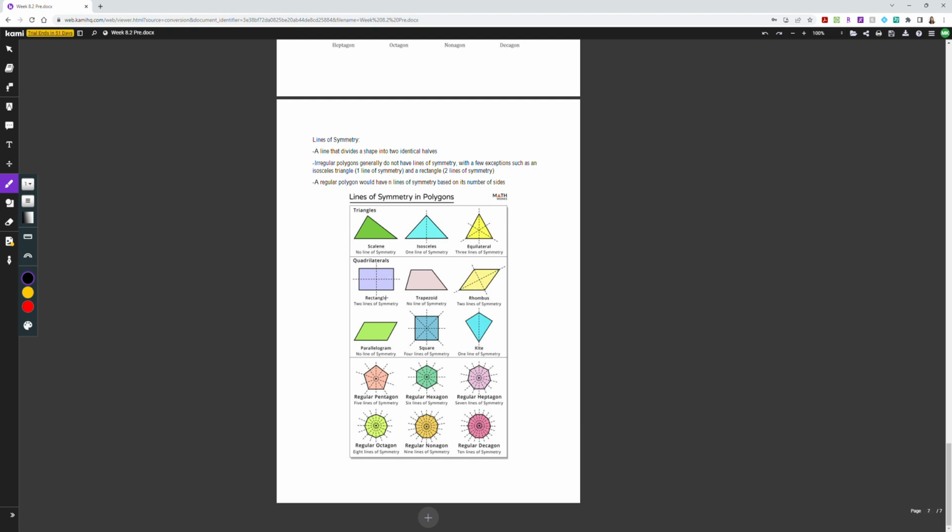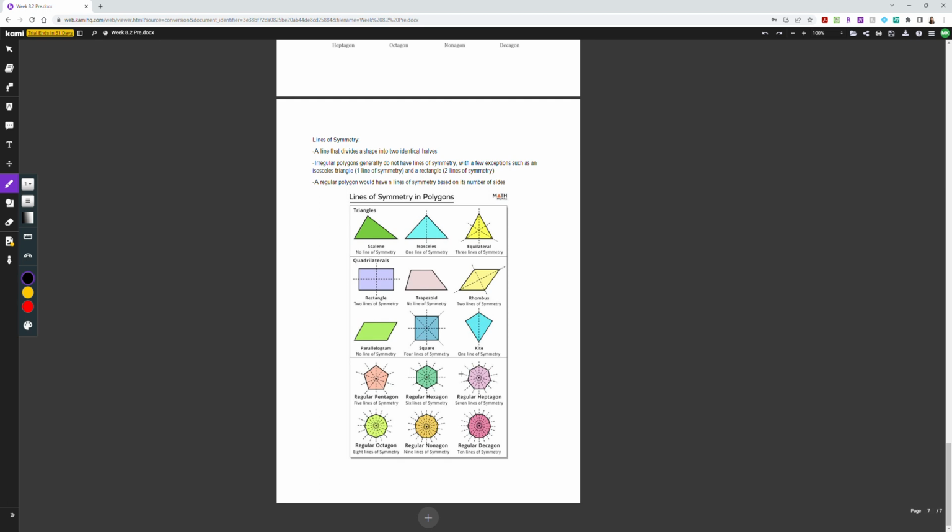Now quadrilaterals. A rectangle, 2 lines of symmetry. Trapezoid, no lines of symmetry. A rhombus, 2 lines of symmetry. Parallelogram, no lines of symmetry. A square is essentially a regular quadrilateral, which is why it has 4 lines of symmetry. And a kite has only 1 line of symmetry.